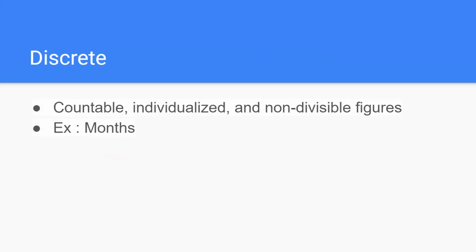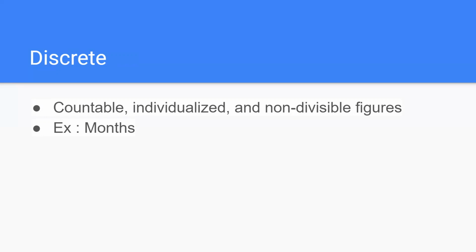So discrete type of data, in the sense we can count it actually. For example, months. You can count months, right? January, February, March, April, May. You can count it, right? And it is not numerical, it is not any number, right?